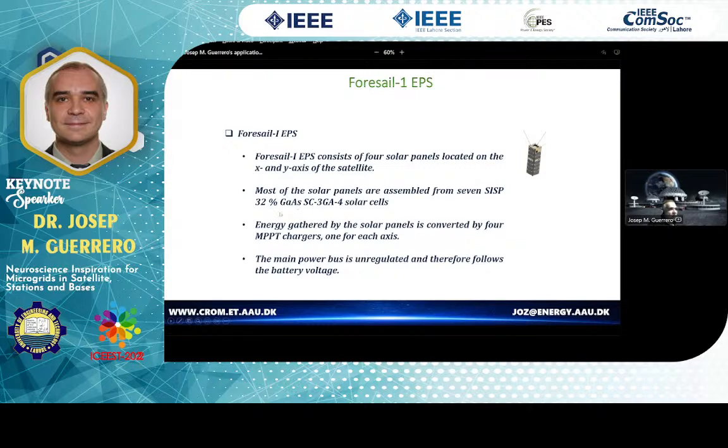And you can see also here, these are gallium arsenide 3-level solar cells with 42% efficiency, and we have in every layer of the satellite 4 layers, independent 4 MPPT chargers.